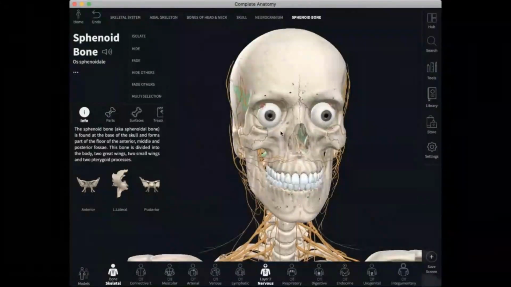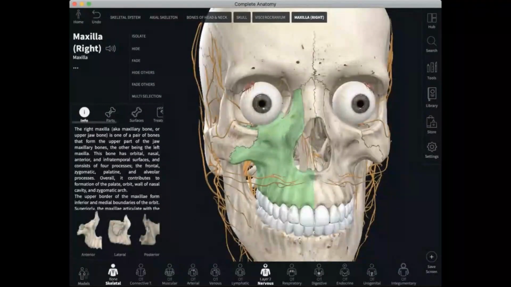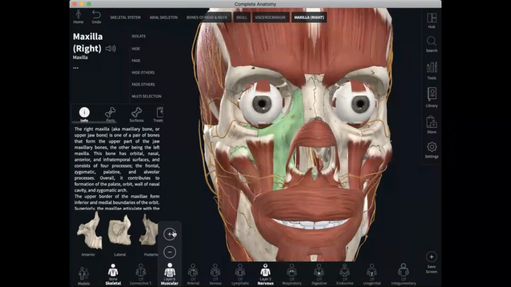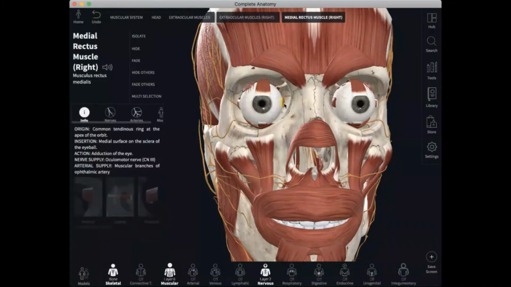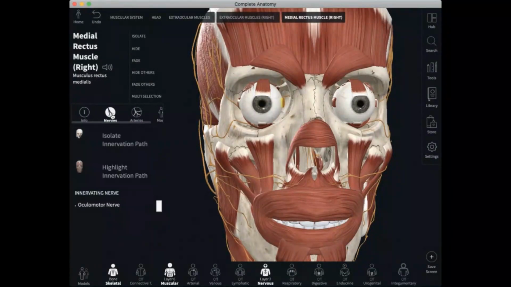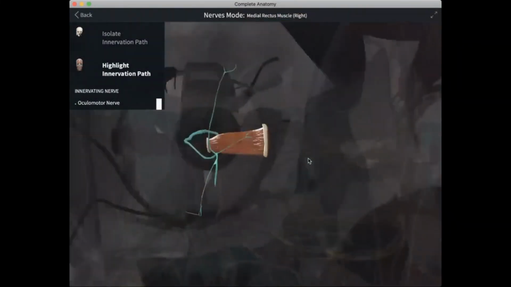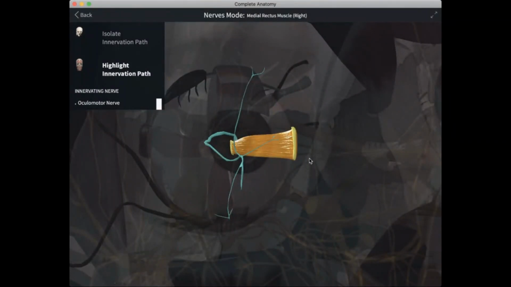Now I have to keep the extraocular muscles in place. Okay, this is the oculomotor nerve.